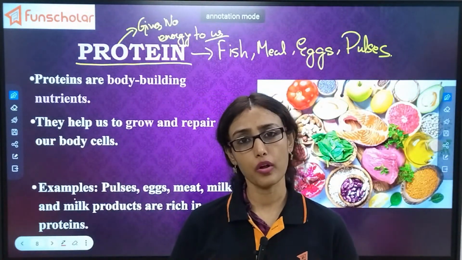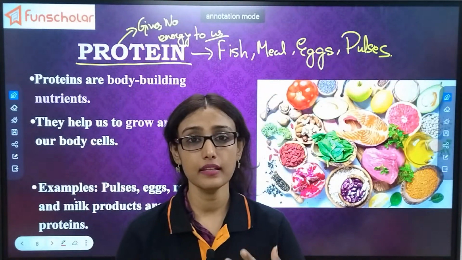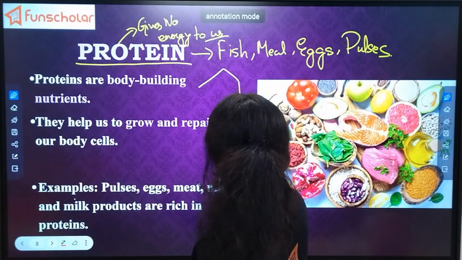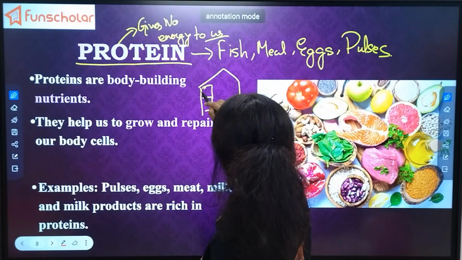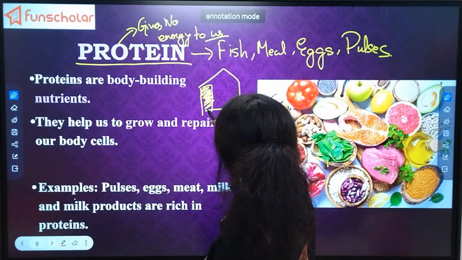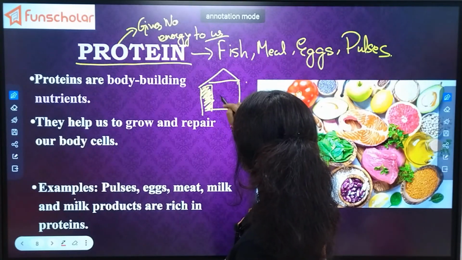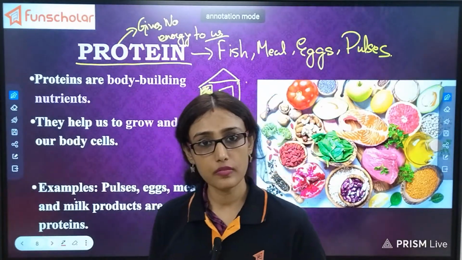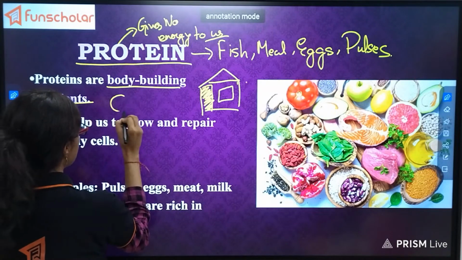What does the word body building mean? Now building is something that is making. When you build a house, what do you need? You need bricks, right? Then you need cement to fill it. Then in this way, the house is being completed. This is a window. So what is the function of protein? To build new what? Cells.